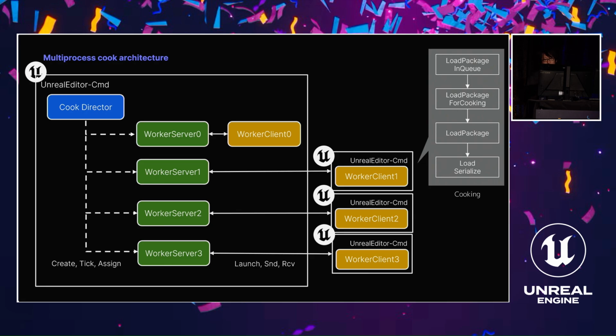The cook director communicates with the client of each process via cook worker servers and assigns packages for cooking. Cook workers locally cook the package in each process. By distributing the cooks this way, it is now possible to execute them more efficiently than ever before.